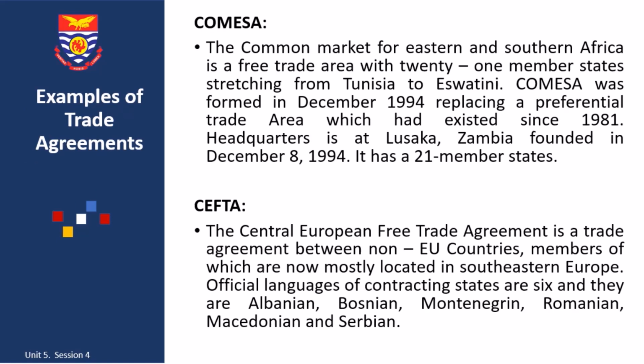And we come to COMESA, the Common Market for Eastern and Southern Africa. It is a free trade area with 21 member states, stretching from Tunisia to Eswatini in Eastern and Southern Africa.